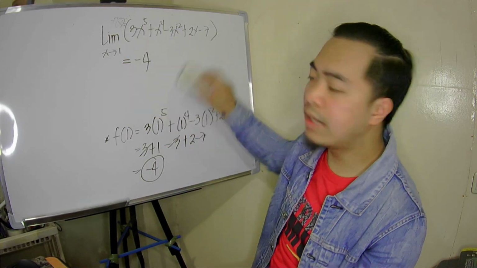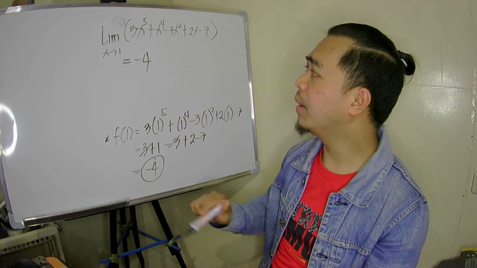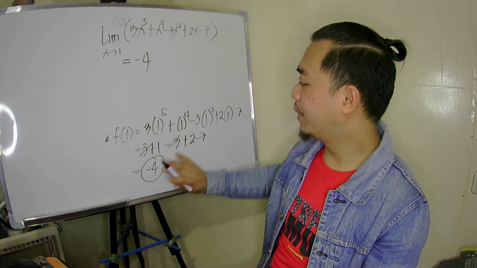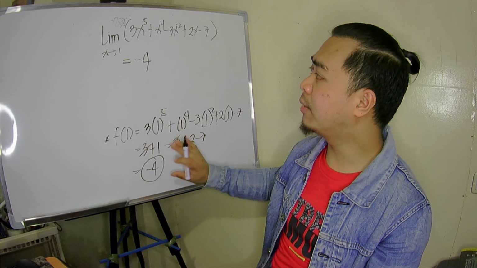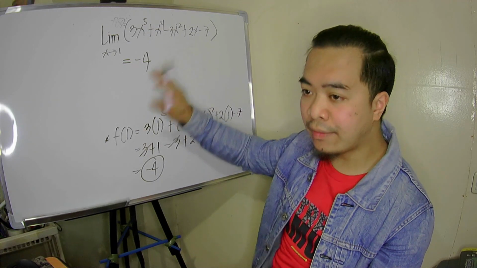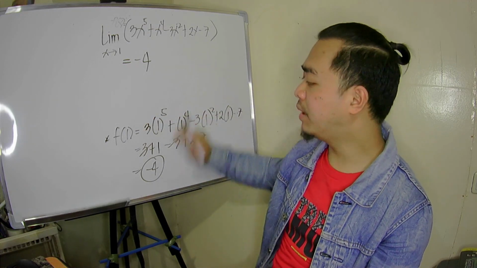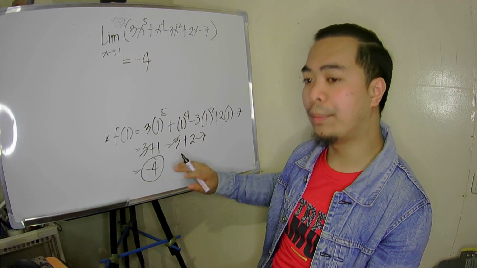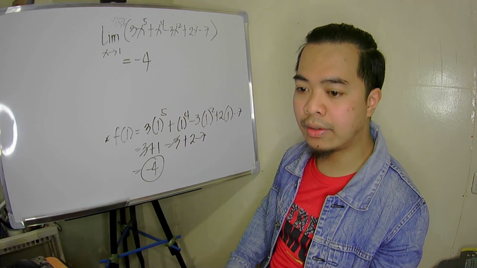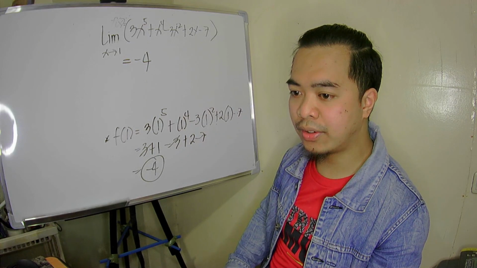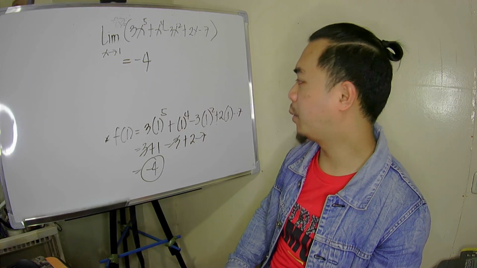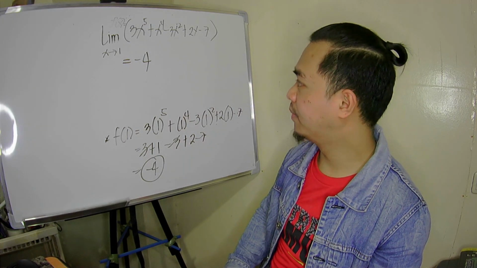Kaya, general limit ito. Ibig sabihin, ang left side limit niya at saka right side limit niya ay negative 4 pa din. Yun ba yung question? Or I did not understand your question. Okay, sir. Understood.